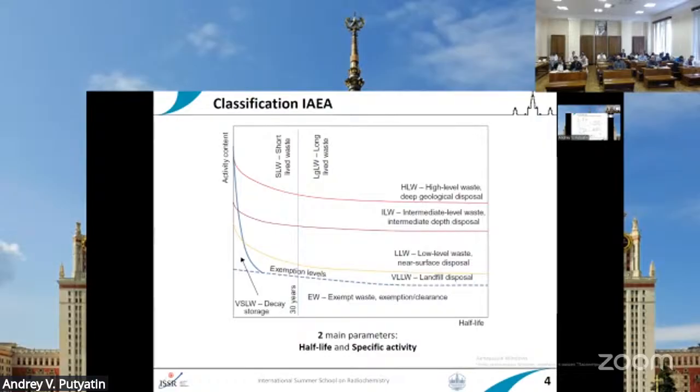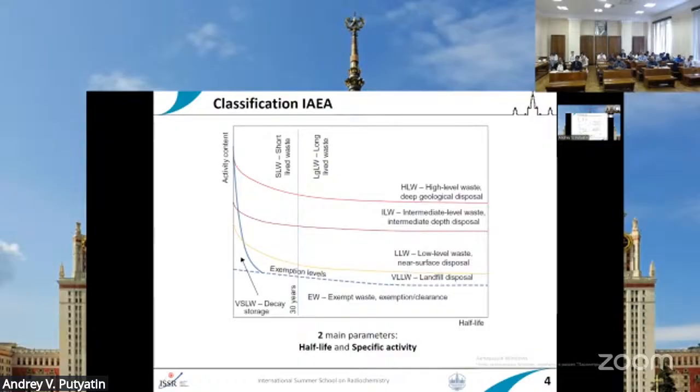If we took 30 years, then cesium-137 would already be a long-lived radionuclide. To avoid this misinterpretation, in Russian law we have this border as 31 years. Anyway, we have this limit between the short-lived and the long-lived radionuclide.